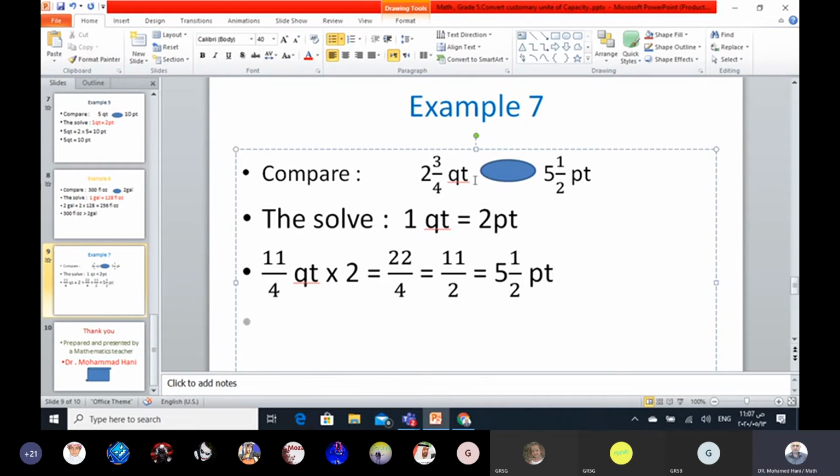So as you see here, equal, because here I have 5 and a half.